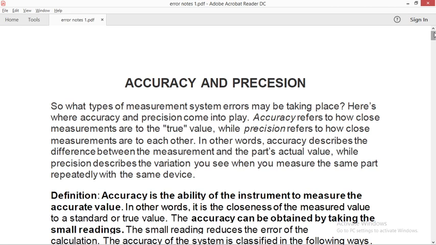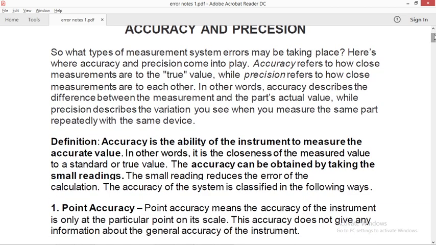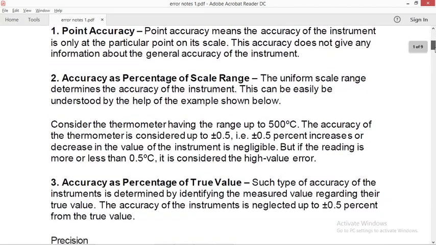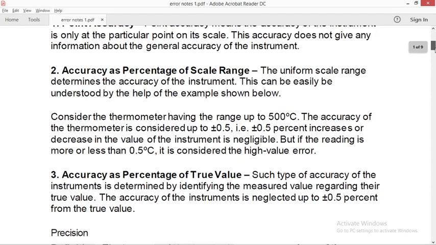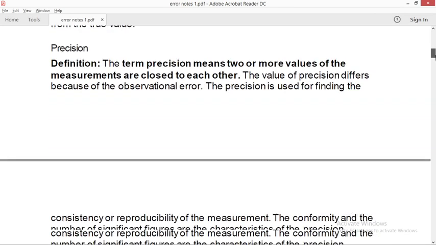From exam point of view, only the understanding of them both is necessary. You can remember the definition of them. Accuracy is the ability of the instruments to measure the accurate value, and it can be obtained by taking the small readings. The bold part is important. From exam point of view, these 3 things are just for understanding.